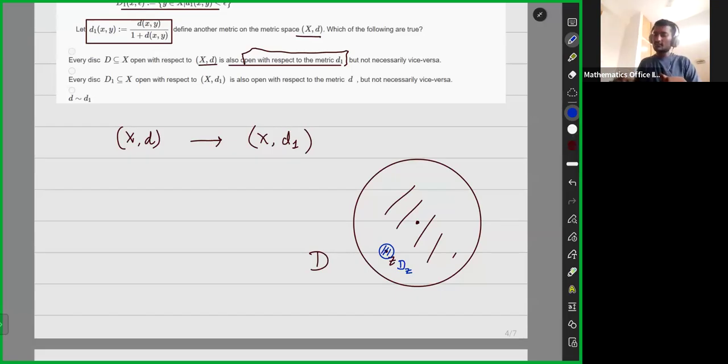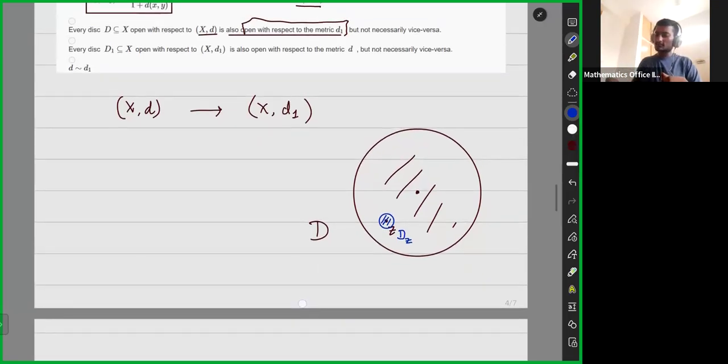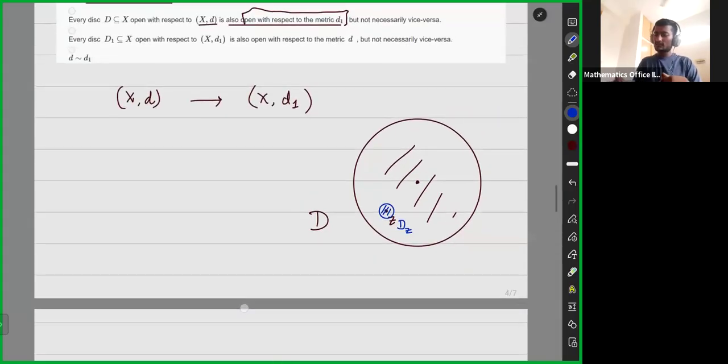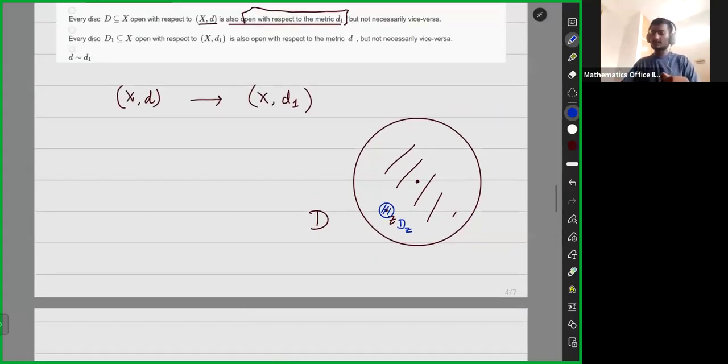So this is our idea to start. We are given D, defined with center z naught and radius r.